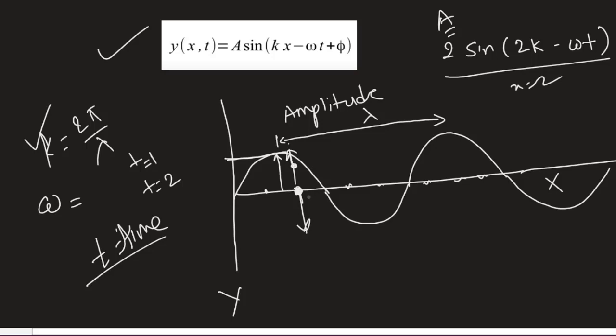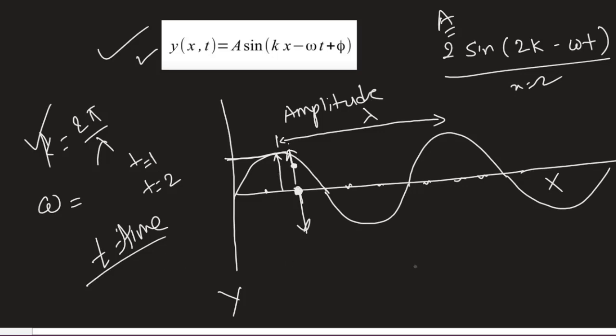So even if the x position is fixed for that particle, the y position is dependent on the time, right? And that's why this function depends upon x as well as t. For any given particle, if you know x and the time, you can determine its y position very easily using this particular function.